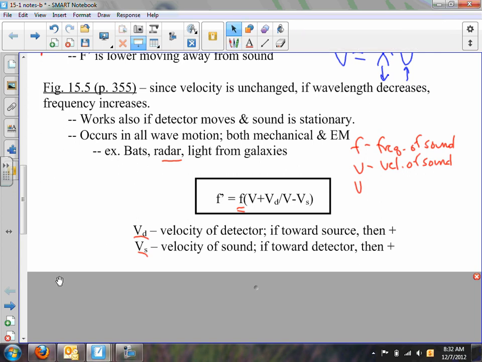So you have the thing producing the sound, the source, and you have the object detecting the sound. If the velocity of the detector is going toward the source, then you put a positive value in for the detector. And the sound source, if it's going toward the detector, you would put in a positive value as well.